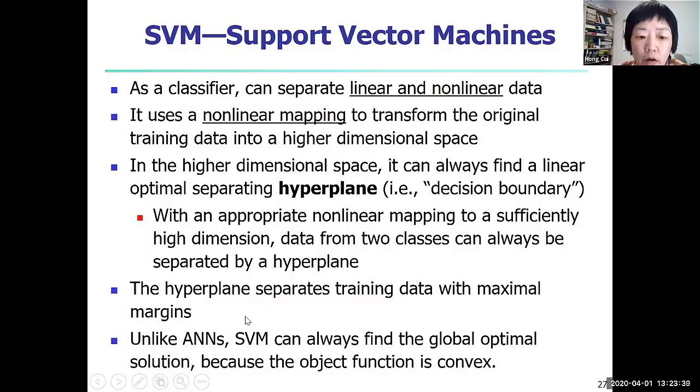We're also going to talk about support vector machines being robust, meaning that it's not very sensitive to your input data. The hyperplane is going to separate training examples with maximal margins.